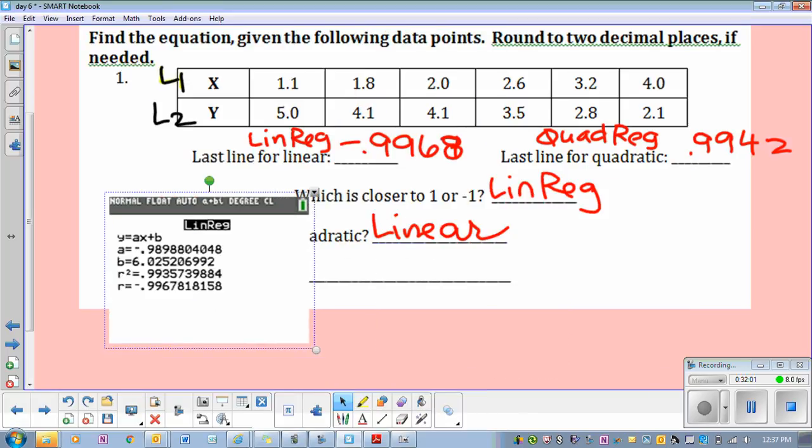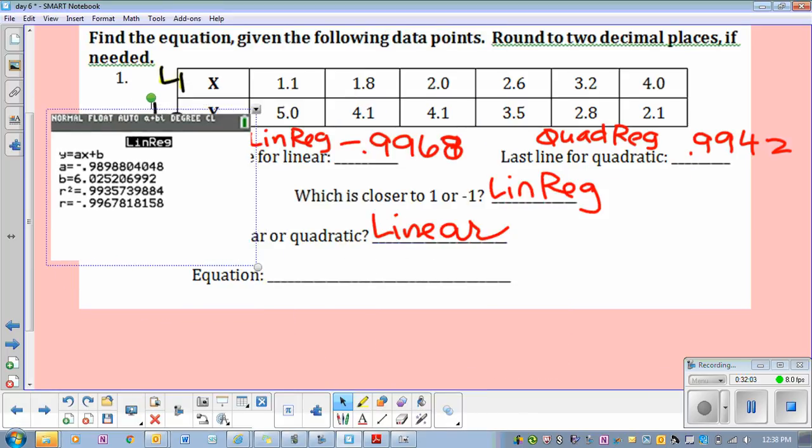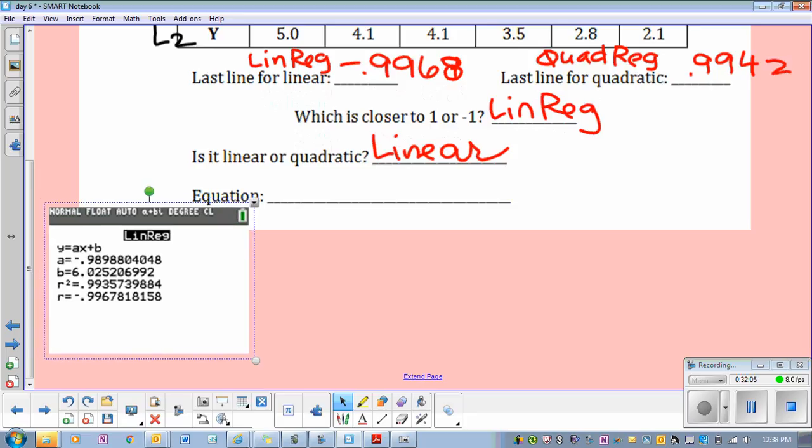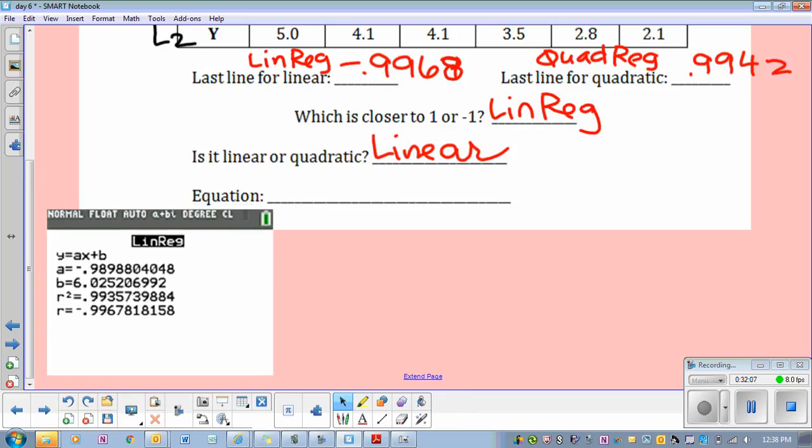Here's how I read this. That top line always tells you the standard form: y equals ax plus b. The y and the x always stay the same, but they give you a, b, c, and so on. They give you a, you plug it in. They give you b, you plug it in, and there's your equation.